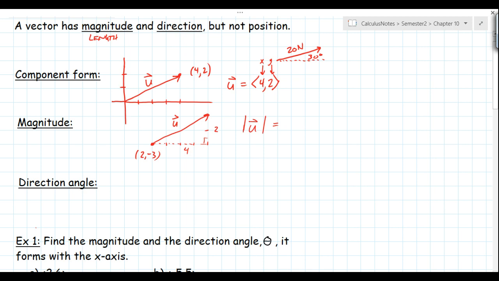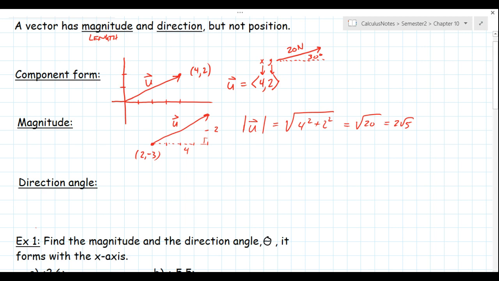So the magnitude of u would be the square root of 4 squared plus 2 squared, which is the square root of 16 plus 4, the square root of 20, or 2 root 5.